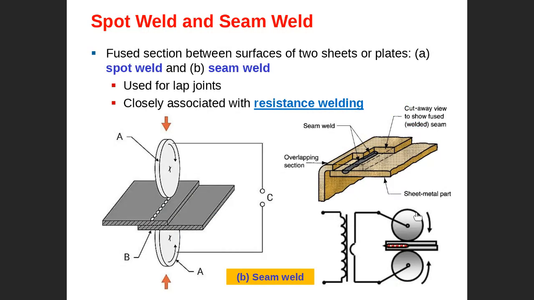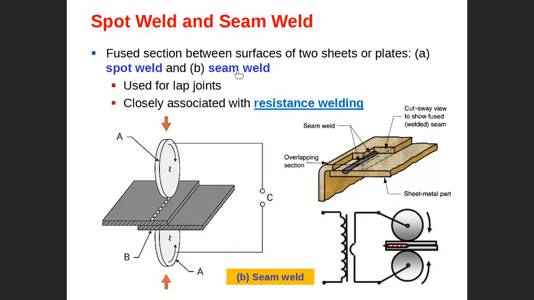In seam welding, we remove the spot electrode and put in a rotating roller, also connected to the electricity. Then this roller rotates while the material is fed. Then you get several spots: one spot, another spot, another spot.